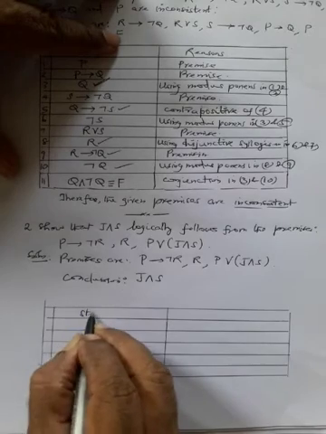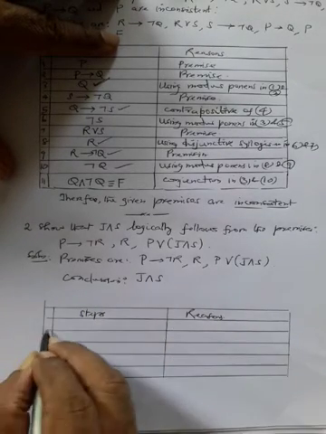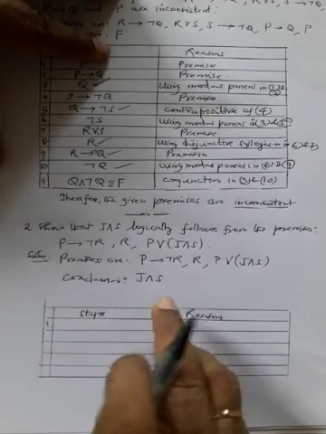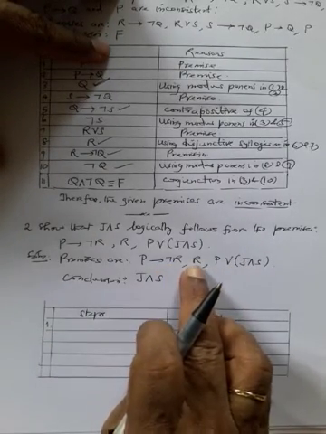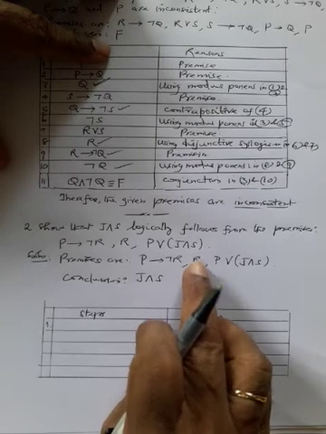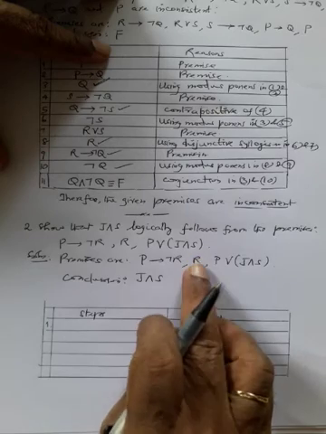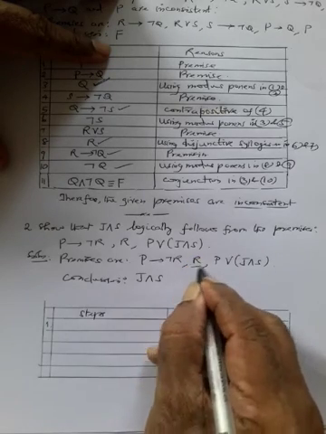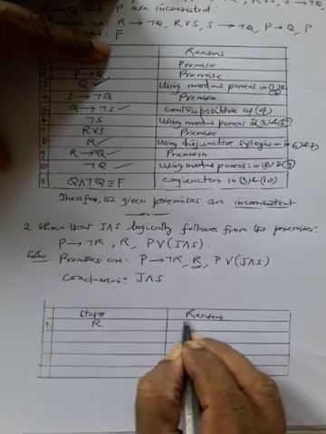Now steps, reasons. First one is, among the premises, R is the one having only one letter here, no conditional or conjunction or disjunction, R is occurring individually. That we will have to write first, R premise.